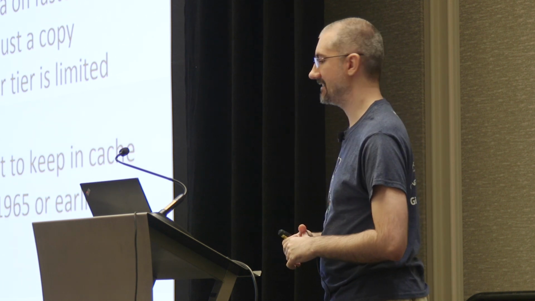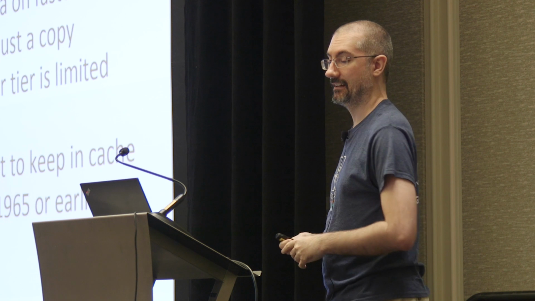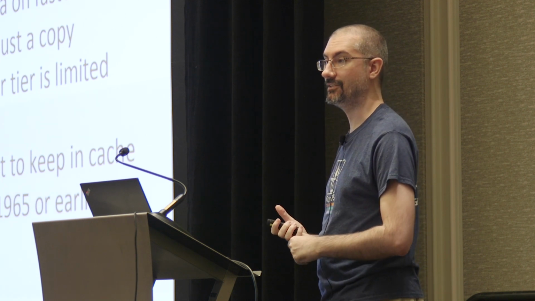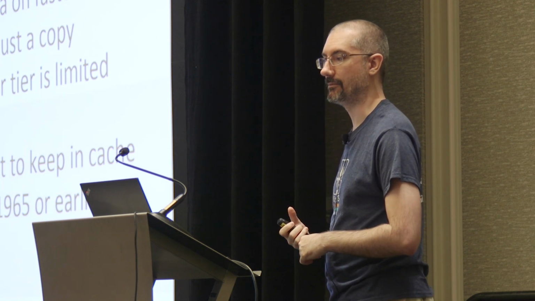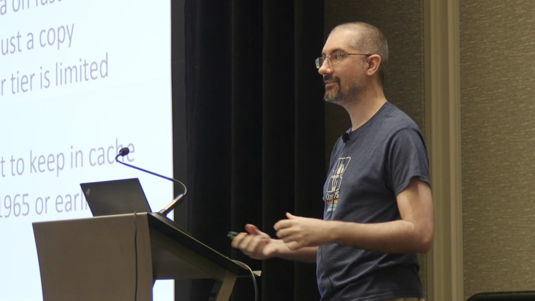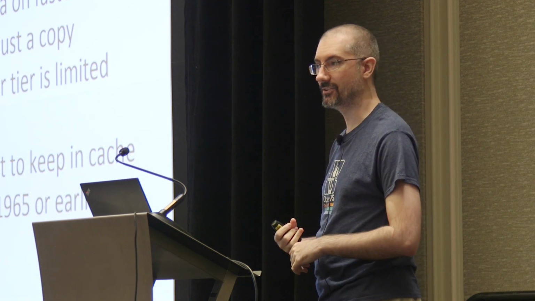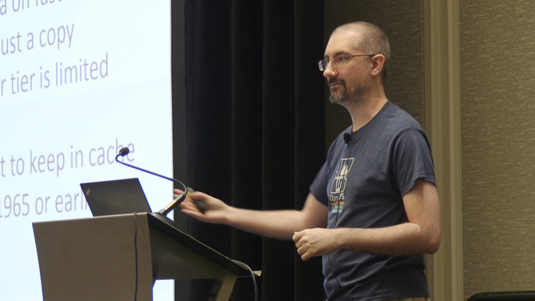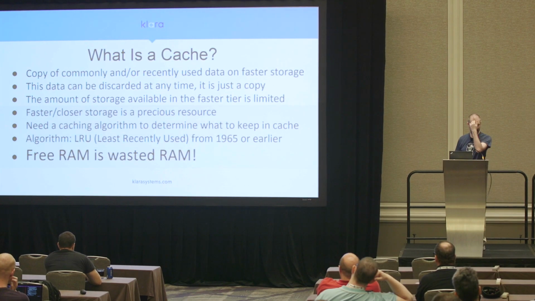And so in 1965 or so, maybe even earlier, the concept of a least recently used caching algorithm came up. Because as it turns out, if you have any free memory in your computer, it'd be better to use it to keep recently used objects than to just have it free and not doing any work.